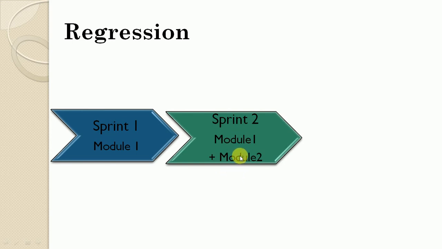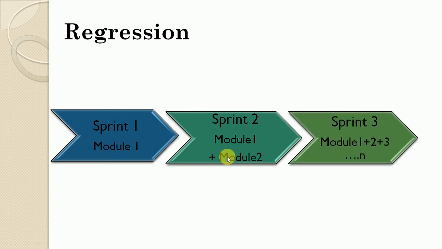So here, after unit test cases, we need to conduct integration of module number 1 with module number 2. And definitely whenever we add something, or there are changes in module number 2, that means in one sprint we are adding something, we need to conduct regression testing.